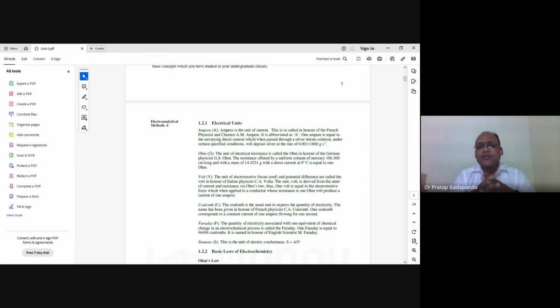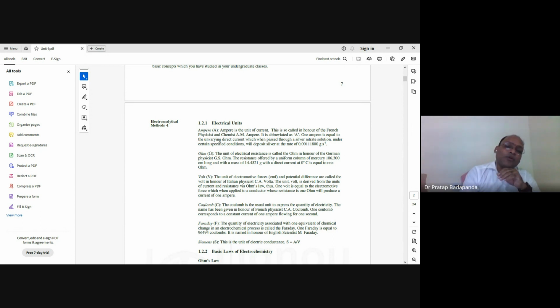Volt is there, you know that we use 100 volt, 200 volt, 300 volt, like this. But in the last part, 1 volt is equal to the electromotive force, EMF, which when applied to a conductor whose resistance is 1 ohm will produce a current of 1 ampere.